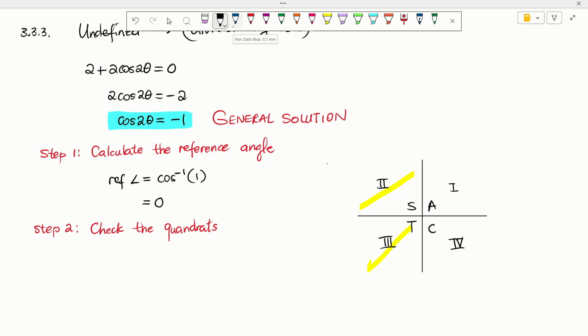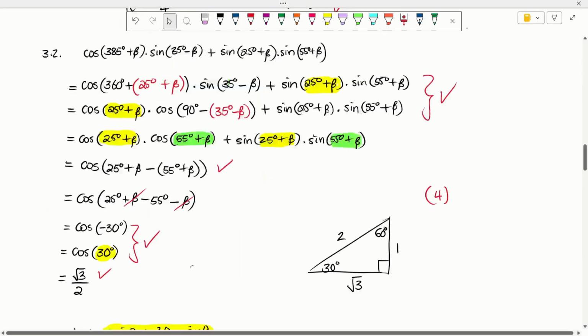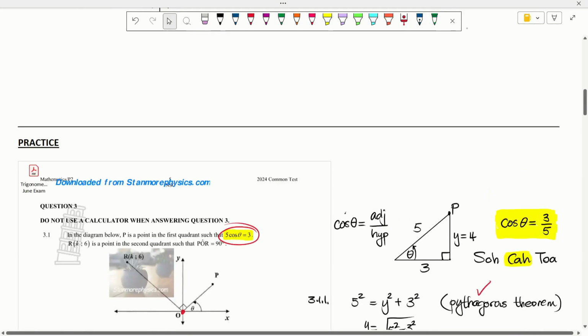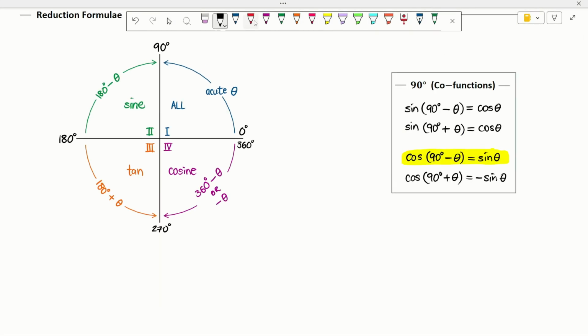So whatever I see inside as an angle, 2 theta is equal to, remember reduction formula, 180 minus theta for the second quadrant. The third quadrant, 180 plus theta.